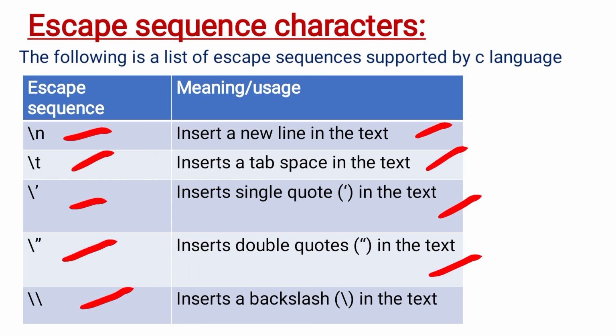Double backslash is used to insert a backslash inside the text. So these are the escape sequence characters available in C language, and all of them are mostly used in the printf function. They are used to provide the output in a specific order and a specific format for the output data.